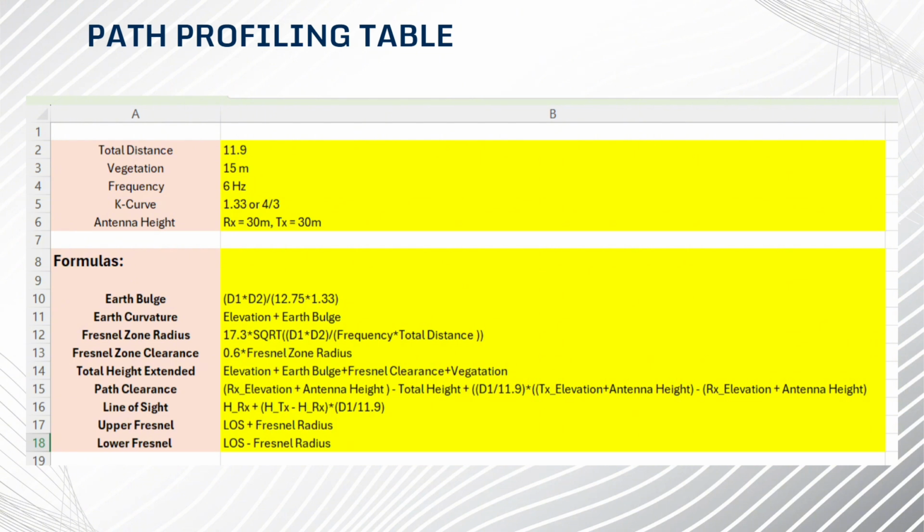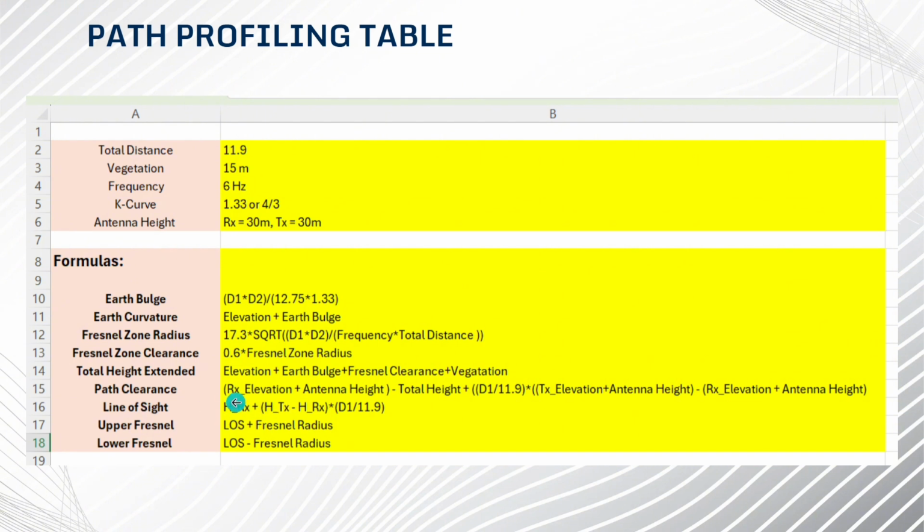For the Fresnel zone radius, 17.3 times the square root of d1 times d2 over frequency times total distance, which is 11.9. Fresnel zone clearance is 0.6 times the value of the Fresnel zone radius. And for the total height expanded, elevation plus earth bulge plus Fresnel clearance plus vegetation.